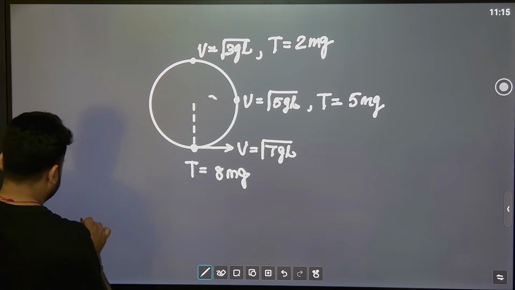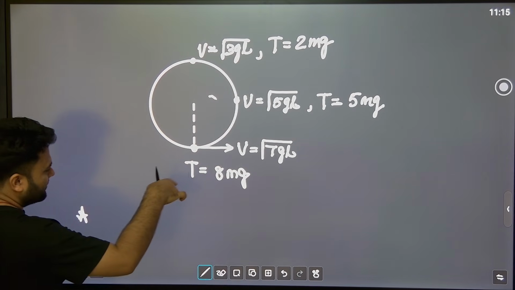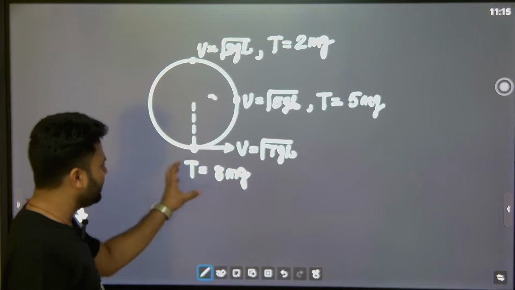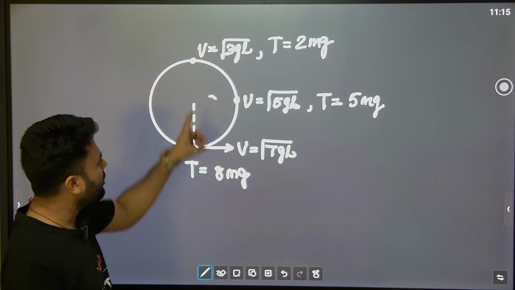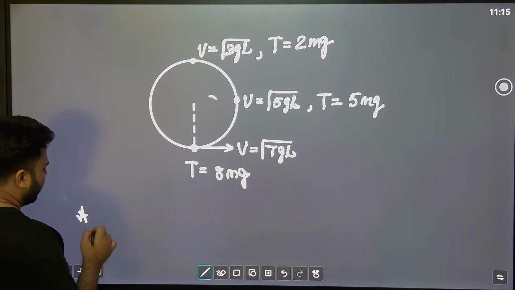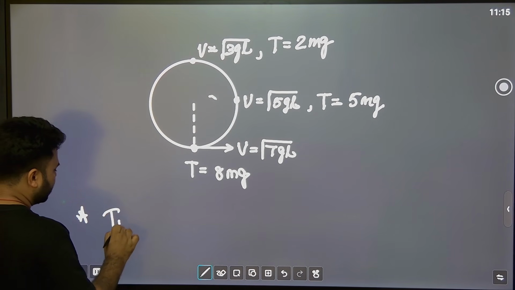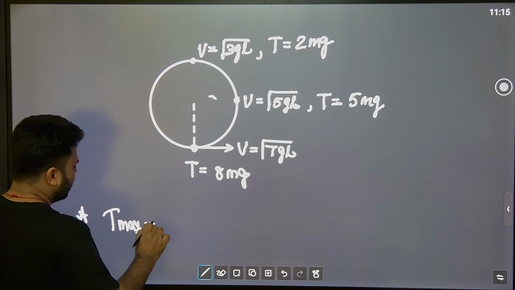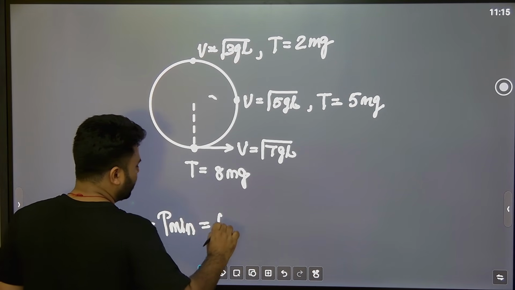Achha, one more thing. I told initially that the tension is maximum at the bottom, and tension is minimum at the topmost point. So if they ask what is the difference, always remember tension maximum minus tension minimum always comes 6 mg.